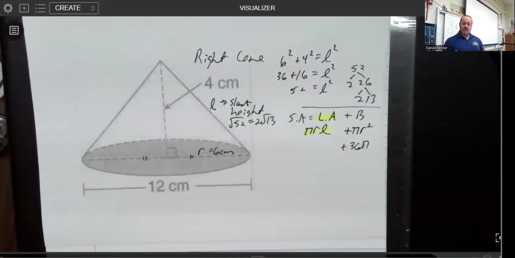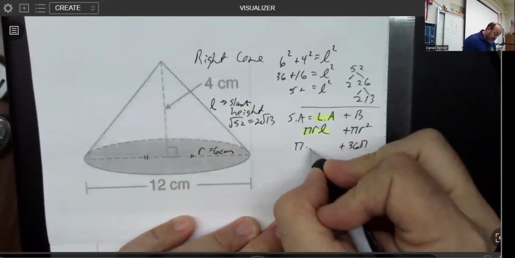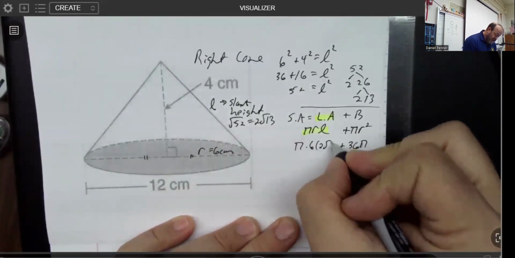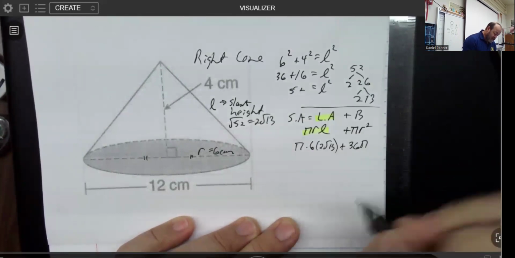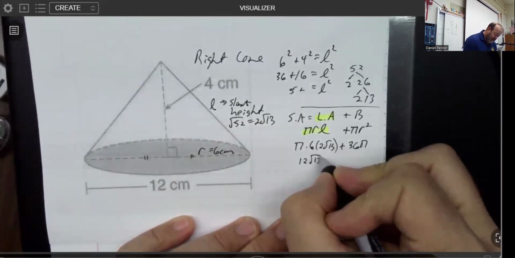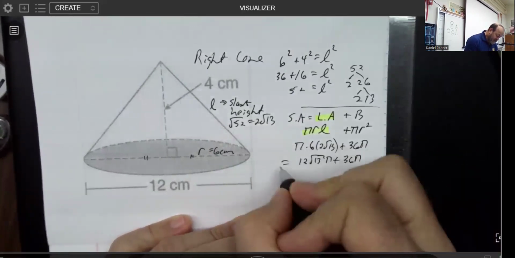That's a little bit of a strange one to understand, and it is something that is very provable, but I don't want to take the time to do that in this particular video. But of course, my radius is 6, and my slant height was 2 square roots of 13. Well, that's a strange looking number because I got 12 roots of 13 pi plus 36 pi is my surface area.